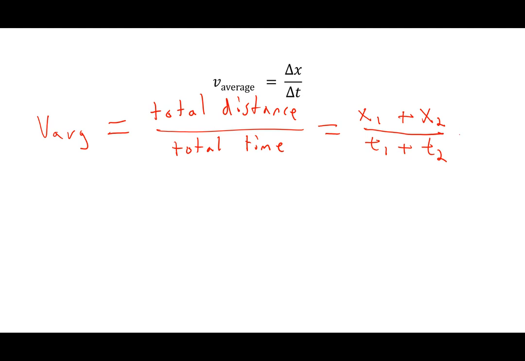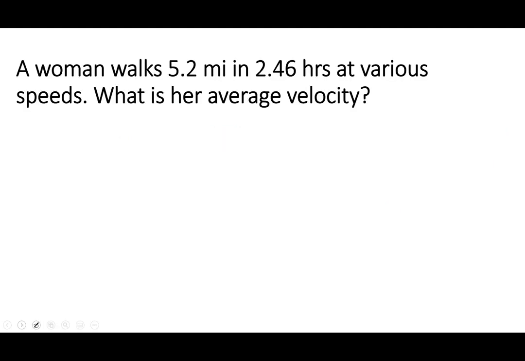And my units here are going to be something like meters per second, because the units for x are meters and the units for t are seconds. When I add up meters plus meters, the unit doesn't change. It gives me meters. When I add these, the x's and the t's, it doesn't change their units. And I end up with meters on top, seconds on the bottom.